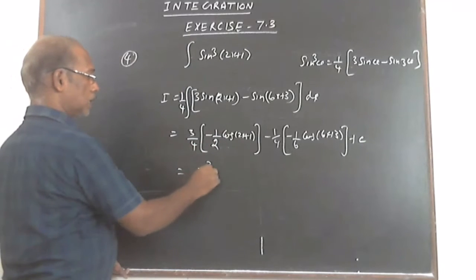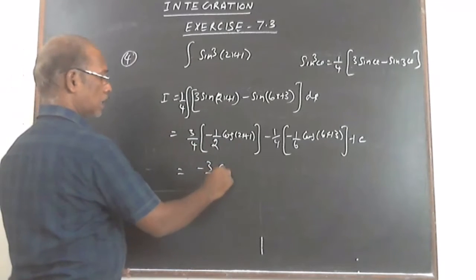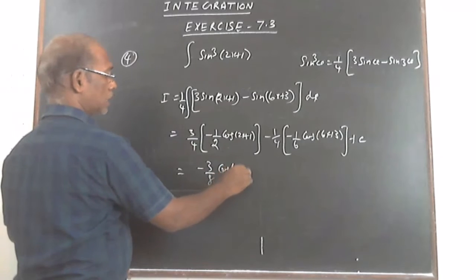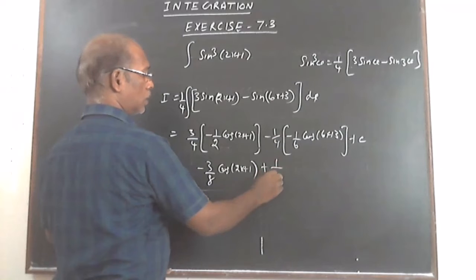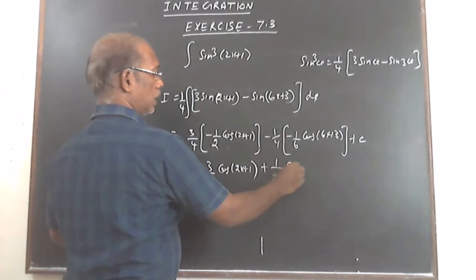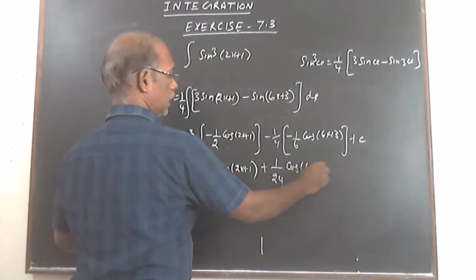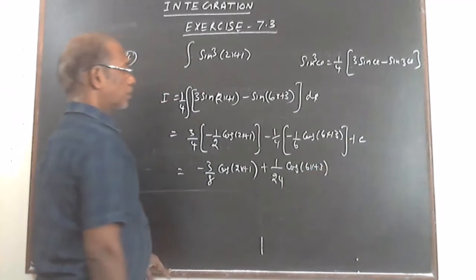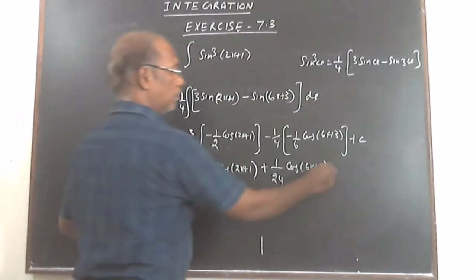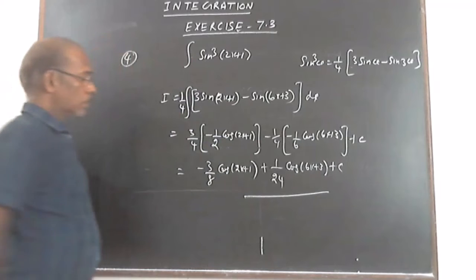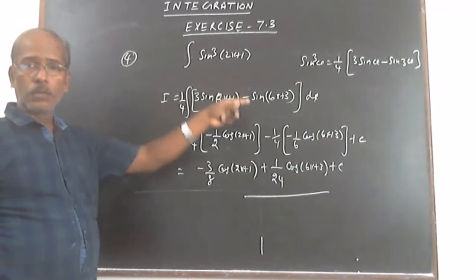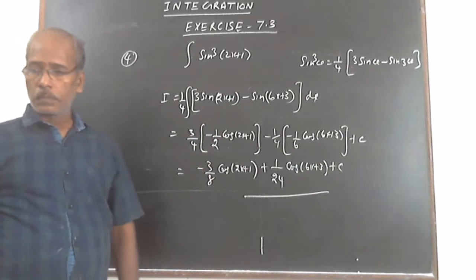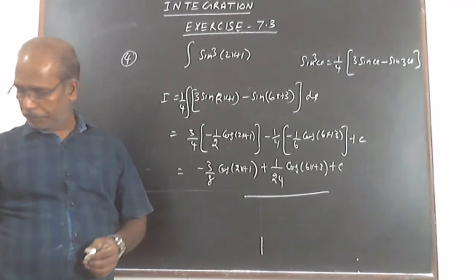Then minus 3 by 8 cos of (2x plus 1) plus 1 over 24 cos of (6x plus 3), with the integral constant. So this is the final answer of question number 4. Go through it. We'll go to the next question.